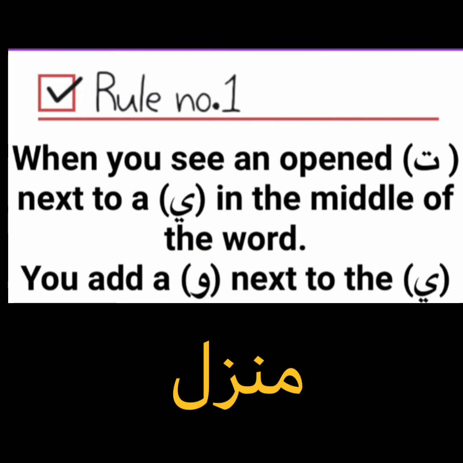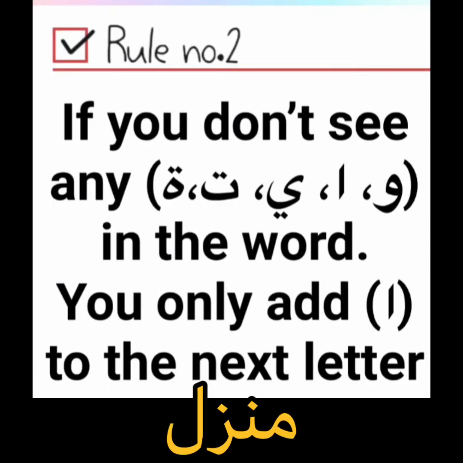Rule number 1 says when you see an open ta. Do we see an open ta in the word منزل? No, we don't. Meaning that we must go to rule number 2, since this rule can't be applied here. Now our example is منزل.